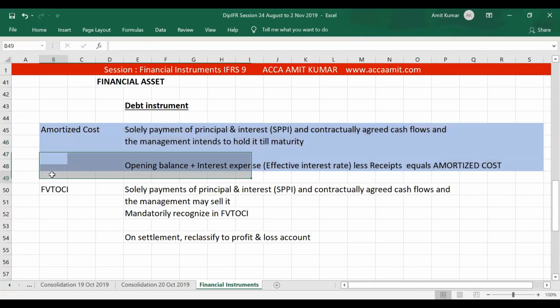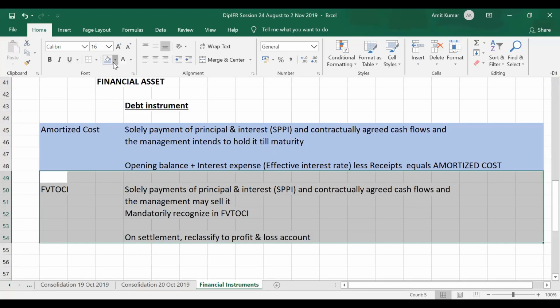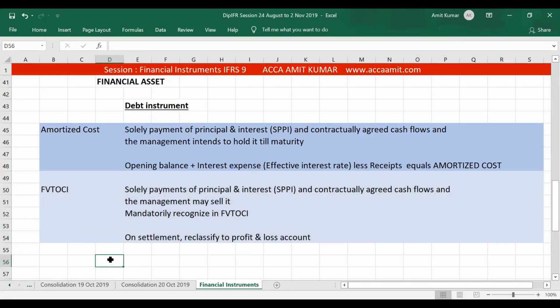If your intention is to sell, but the instrument is solely payments of principal and interest, the contract is solely payments of principal and interest. Is this clear with everyone till now?